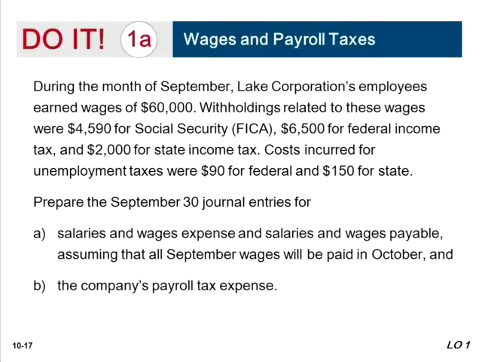Costs incurred for unemployment taxes were $90 for federal and $150 for state. So there are two entries that need to be made. We have to make the entry to record the payroll, and then another one to record the company's payroll tax expense.